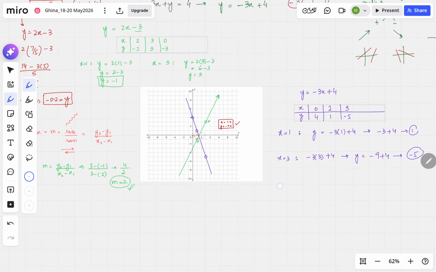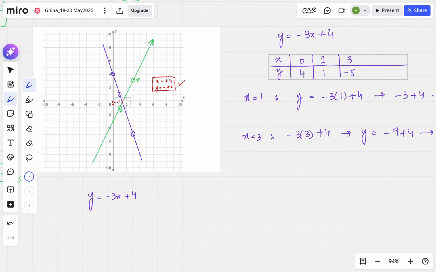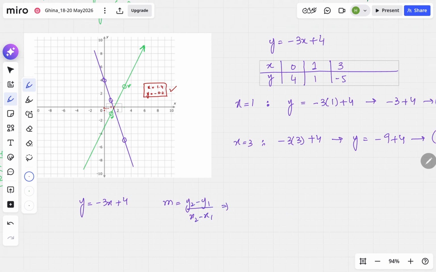Now let's calculate the slope for the purple one. What was the equation? The equation was y equals minus 3x plus 4. So take the slope of it, write the formula, y2 minus y1 over x2 minus x1, and from here you can take any 2 points. Let's say this point and this one.